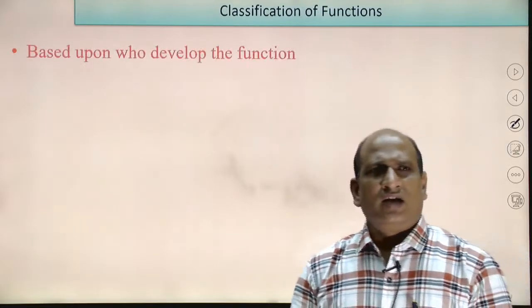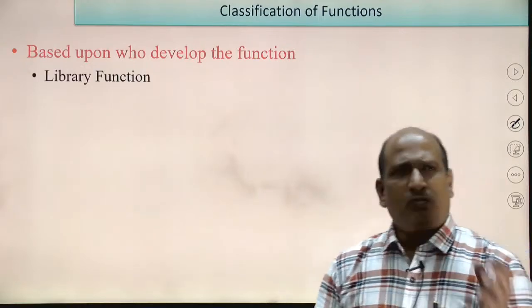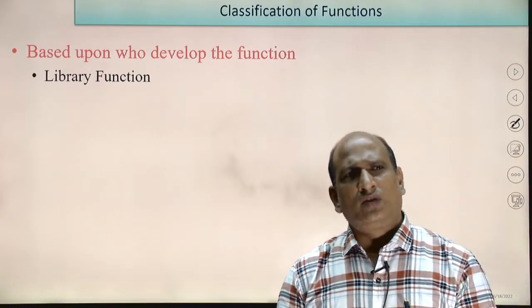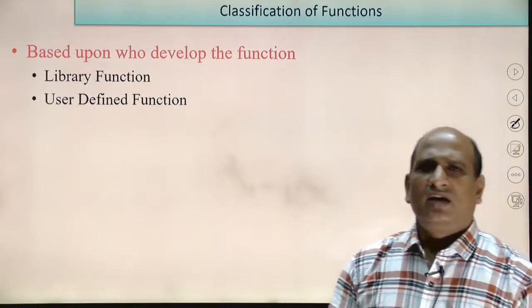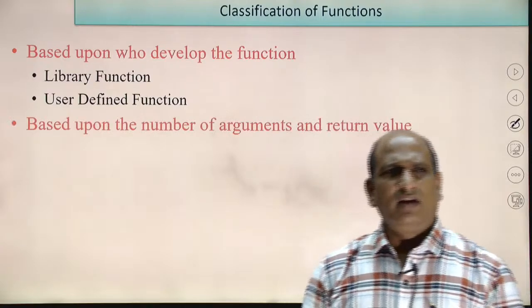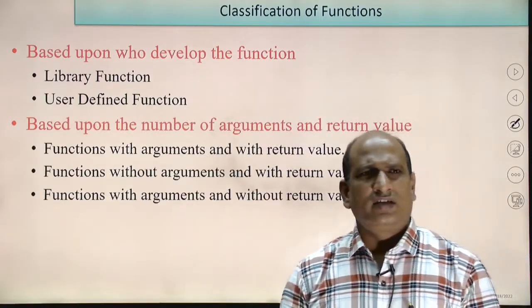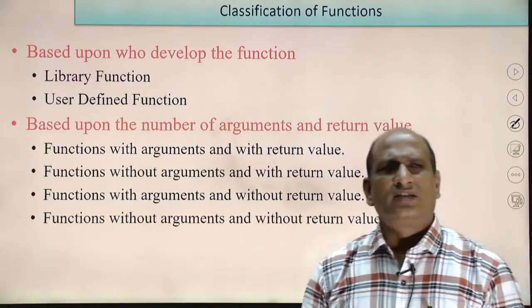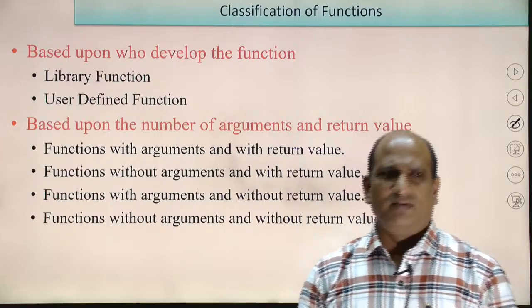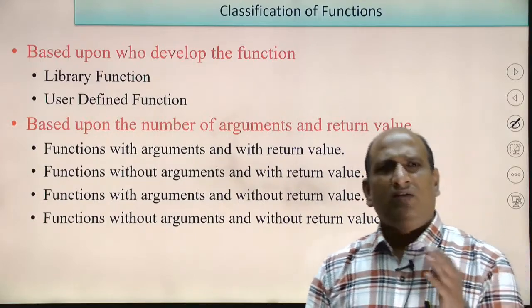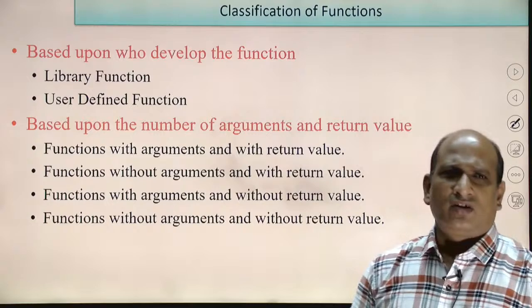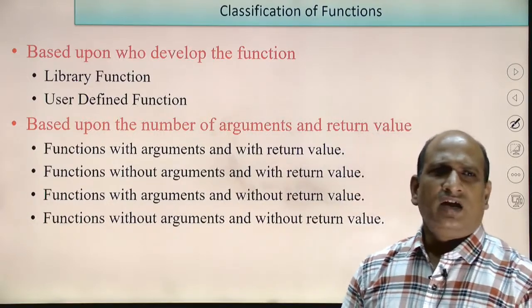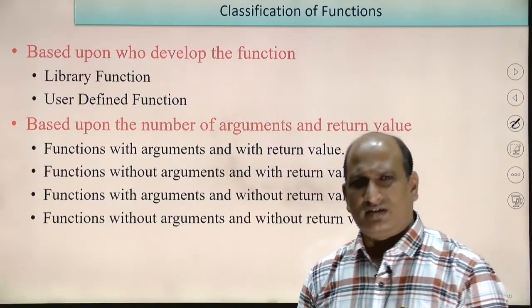On the basis of development, there are two types of function: library function and user defined function. And on the basis of the number of arguments and the return value, functions are of four types that we will cover: function with argument with return value, function without argument with return value, function with argument without return value, and function without argument and without return value.